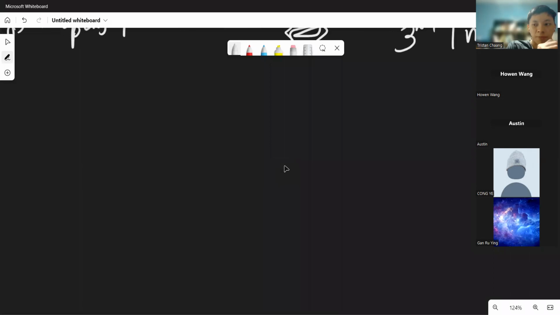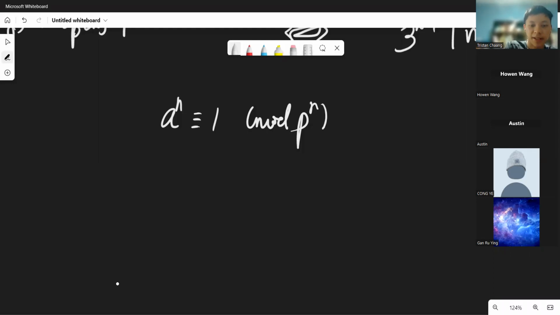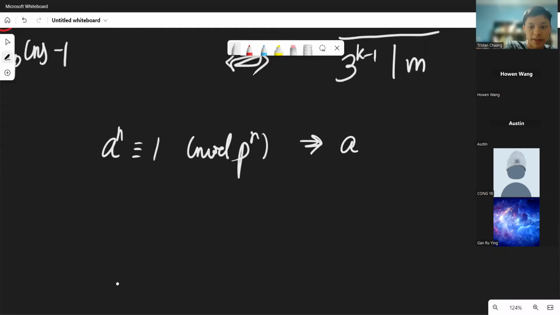If p is prime and a to the n is equal to 1 mod p to the, wait, let me see. Okay, p to the n. Then this implies that a is 1 mod p to the n minus 1.